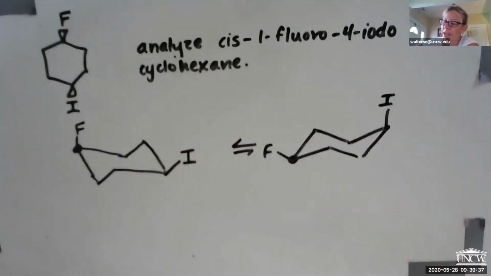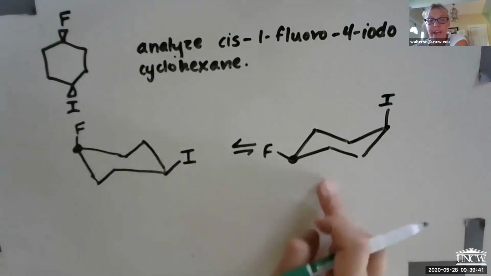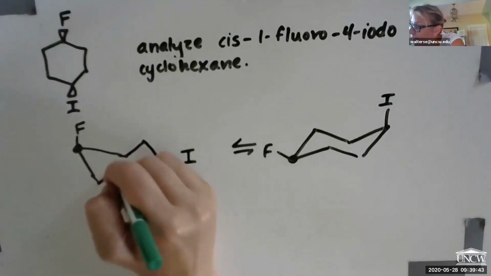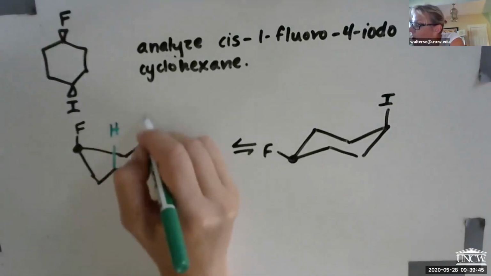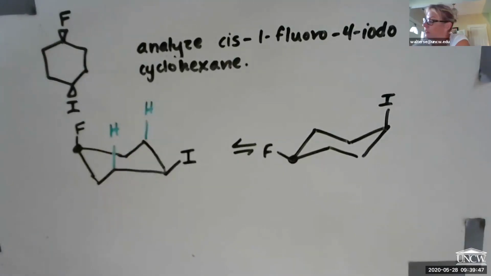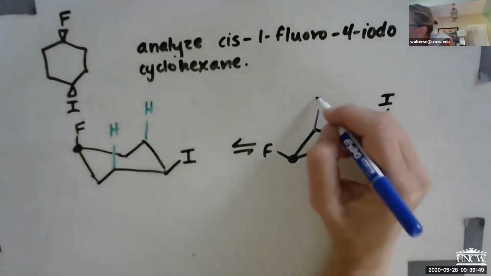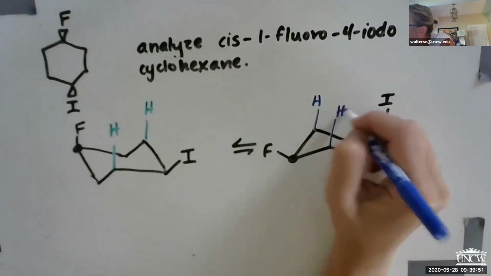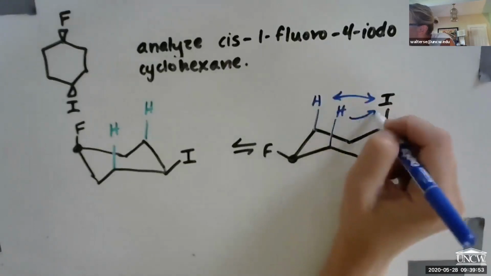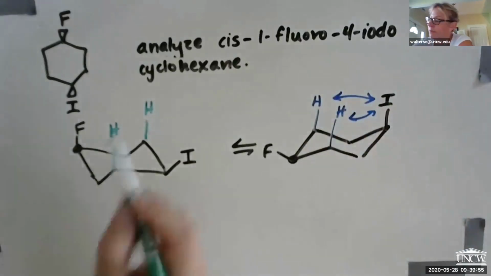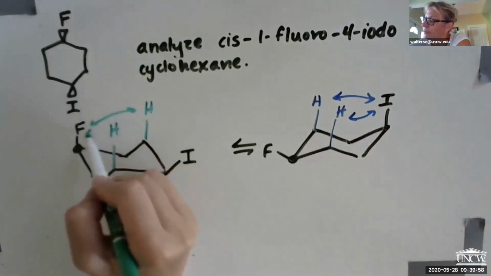Now again, this is a case where in each of the rings you have groups that are axial. So you're going to get strain here and strain here.